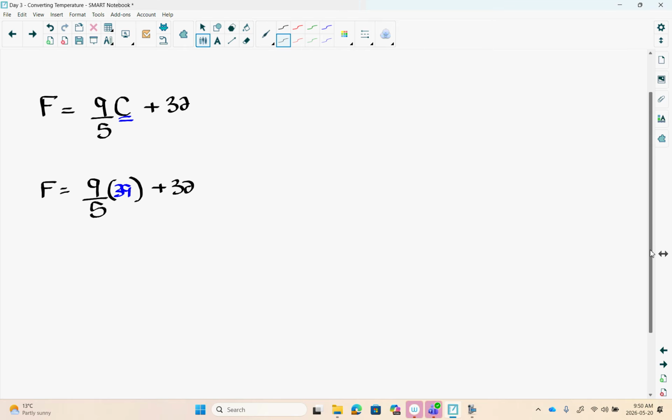I multiply first, 9 39s. So 9 times 40 would be 360. I'd have to subtract one group of 9. That would leave 351. And 5 times 1 would give me 5. What should I do first? Should I add the 32 to the 351? No, I should divide the 351 by 5.